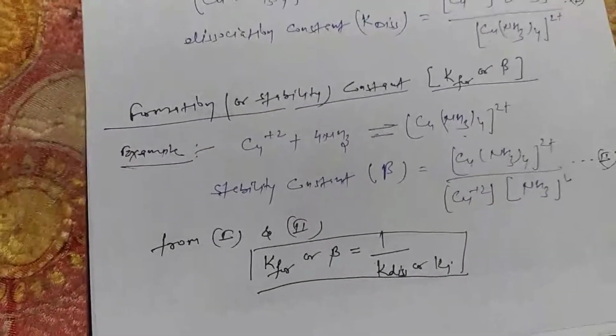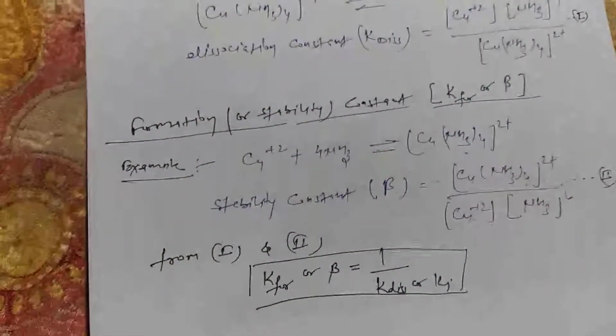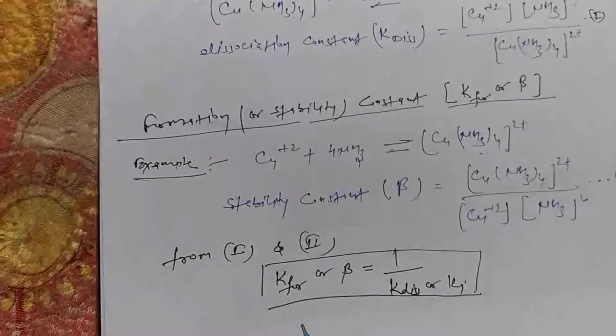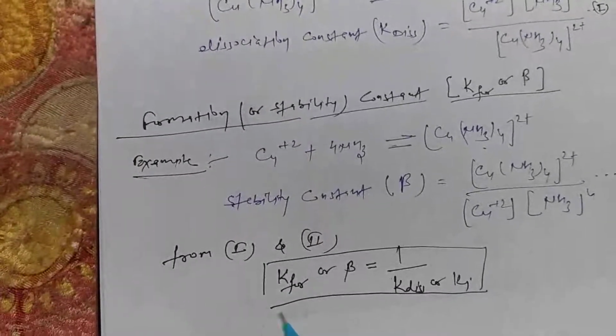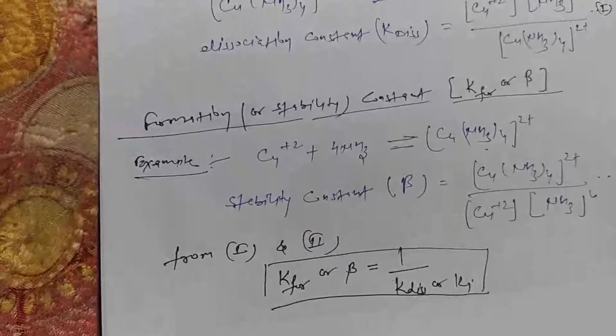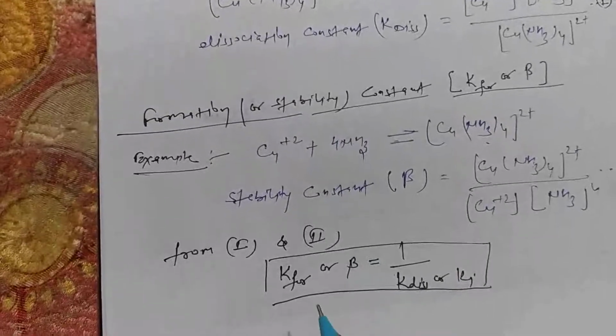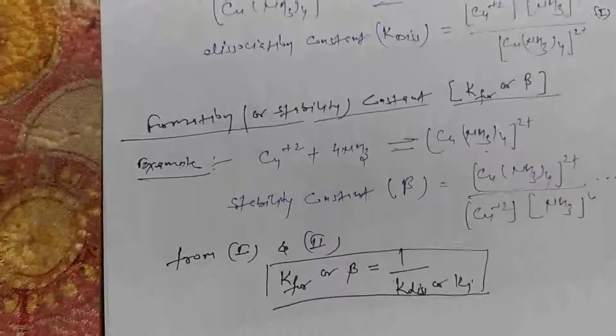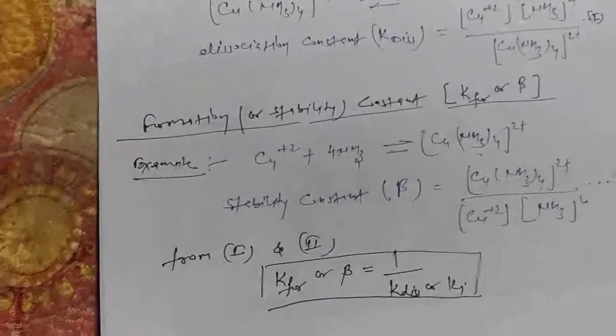We'll take some examples. So this is the difference I have written, that there is a relationship between the formation constant and dissociation constant. Formation constant is just the reciprocal of dissociation constant. So we'll take some examples on the basis of this data. Let's move to the next page.